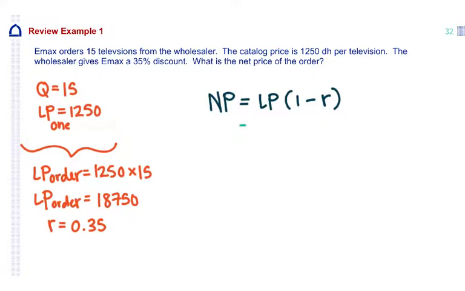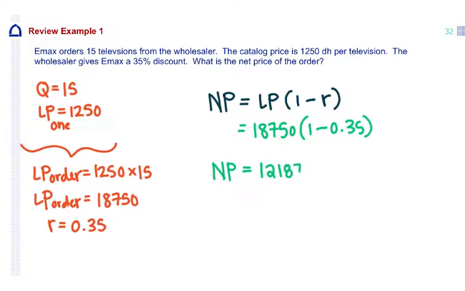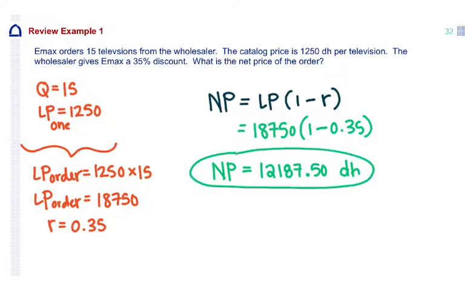And we will plug and chug and do the discount of the whole order, 18,750 times 1 minus 0.35, and we will get a net price of 12,187. My calculator says 0.5, but I'm going to write 0.50 because for money, it's always better to write 2 decimal places. So that will be the net price of the whole order.